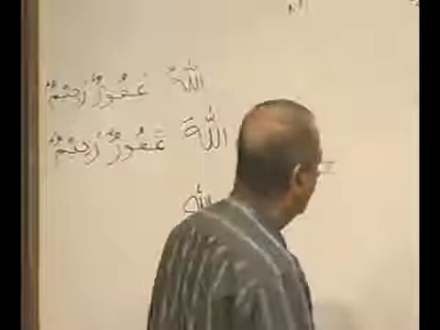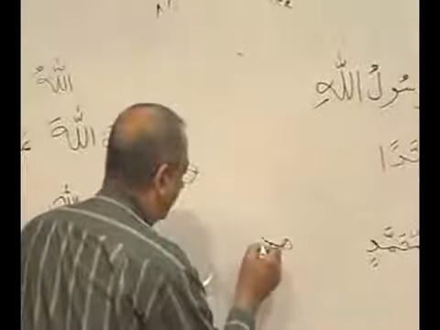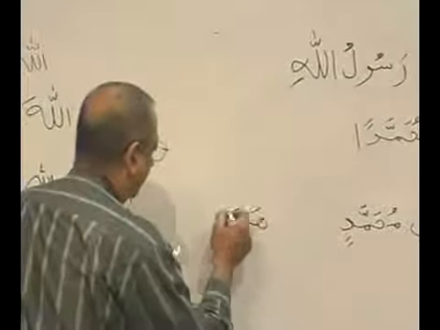Hada Baytun. Now tell me, brother and sister, what is the translation? This is a house. Indefinite. Okay, now I think you have understood this, so I am going to erase it. Haza.